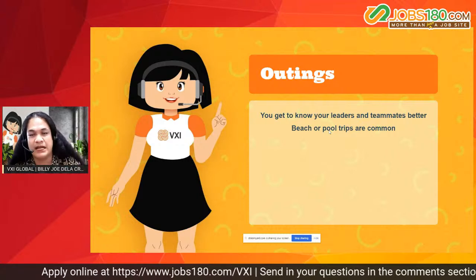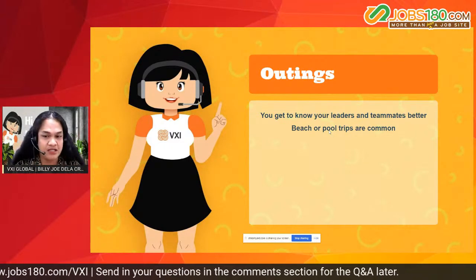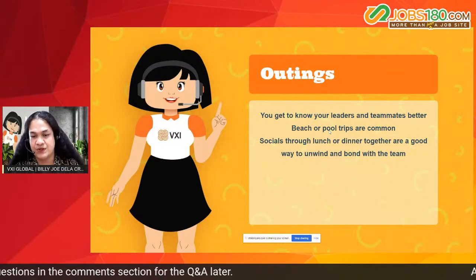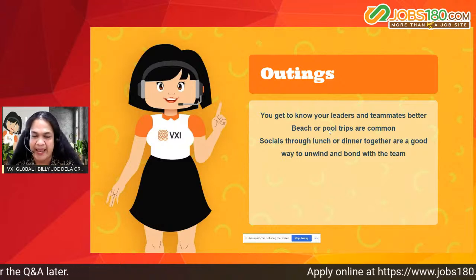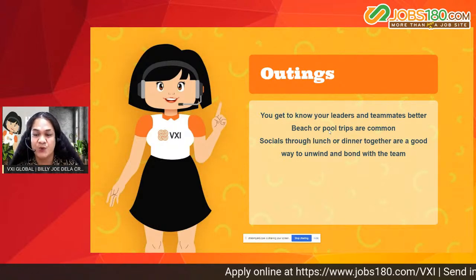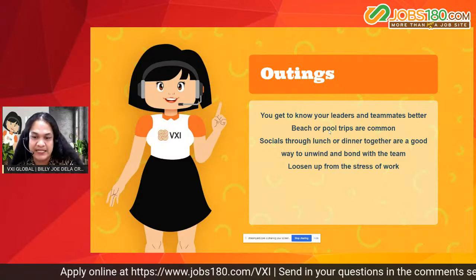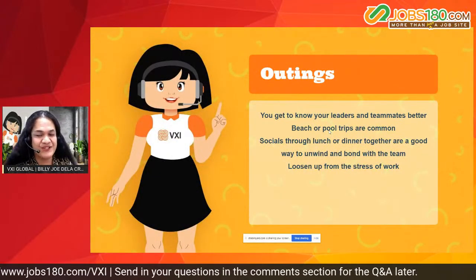Maybe you have a team building on a beach or in a pool. Trips are common, but socials like lunch and dinner together are a good way to unwind and bond with the team, and loosen up from the stress of work.